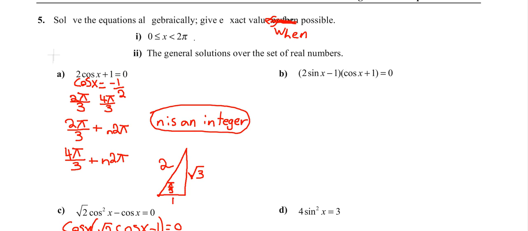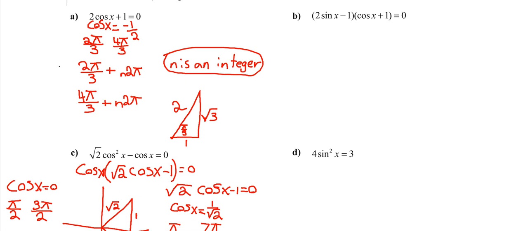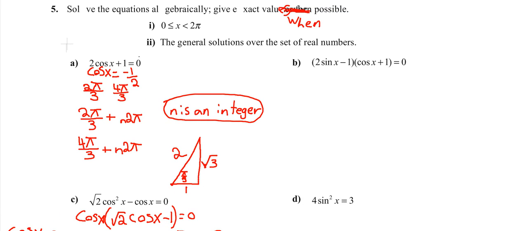So anyway, for A, we just need to manipulate the equation, move the 1 across, then divide by 2. So cos of x is negative 1 over 2, and using this triangle we can find when cos is equal to negative 1 over 2, which is at 2 pi over 3 and 4 pi over 3.